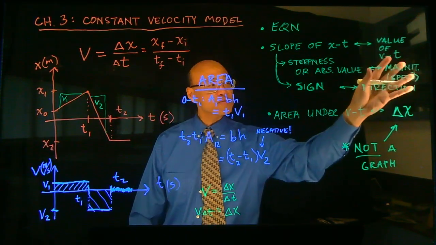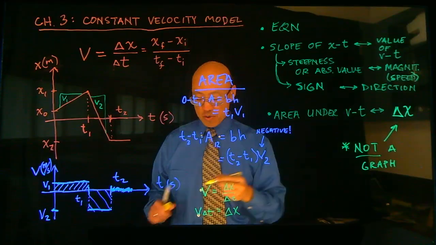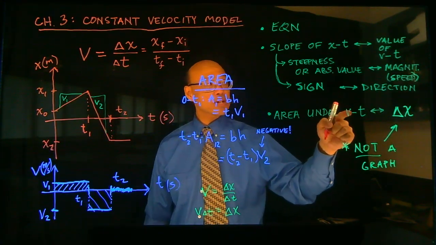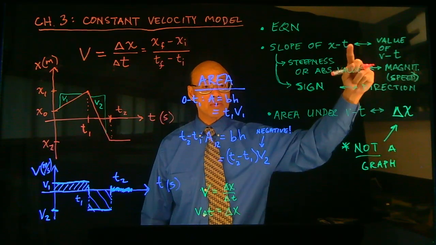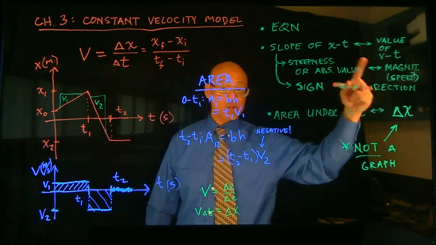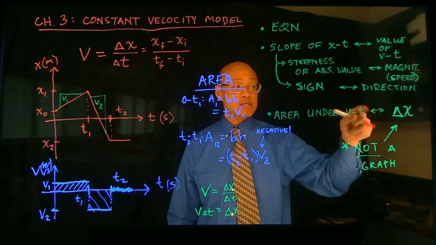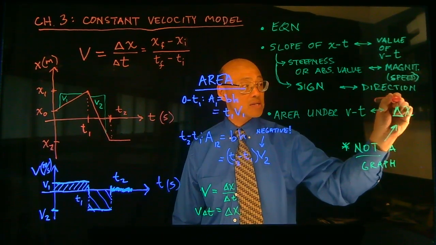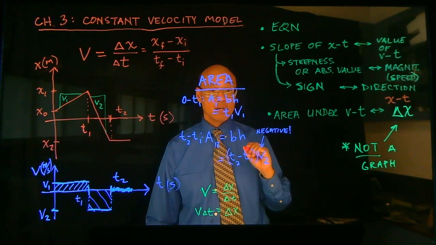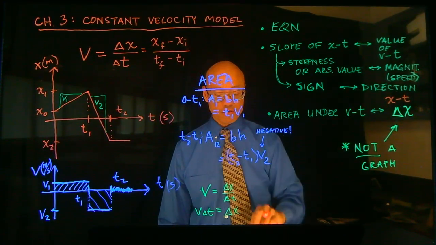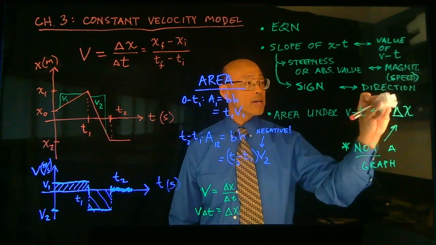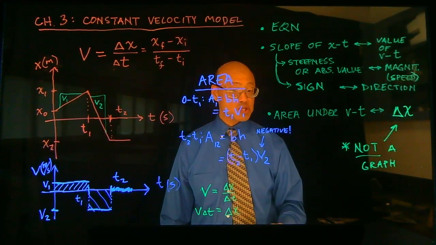If you're taking notes, don't copy this down. Some students believe in the symmetry of things, which is okay. But in this case, your symmetry brain might want to see this. It doesn't give you an XT graph. You don't get that information. What you get is how much the position changed.